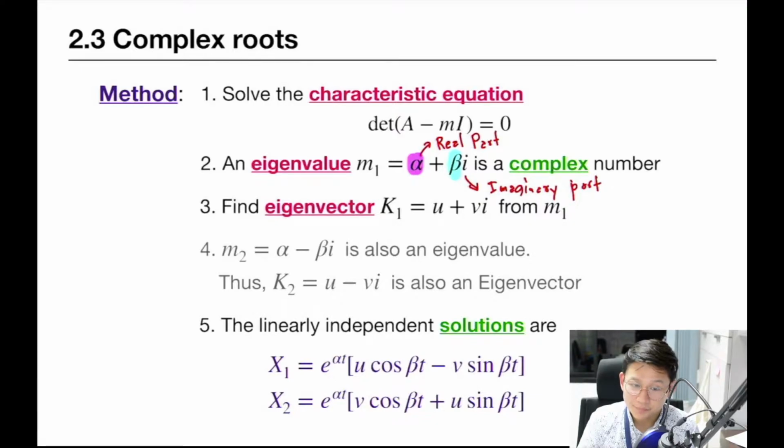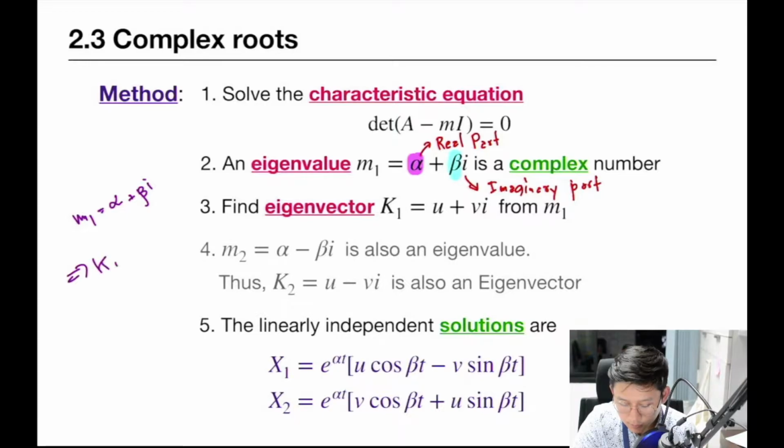Okay, so we need to make sure that we are on the same page. m1, which is a complex number, gives k1, which is in the complex form as well. Okay, u and v, they are vectors.